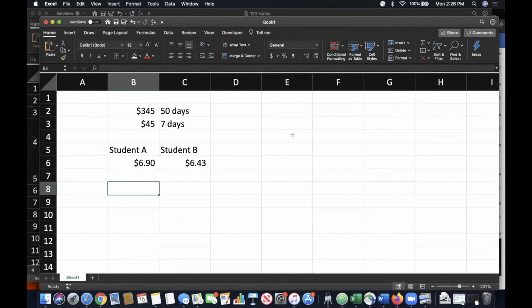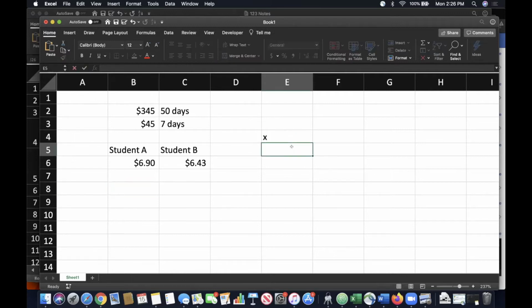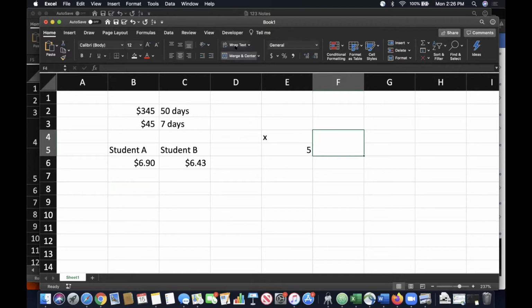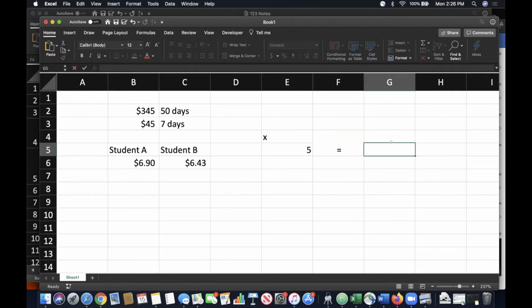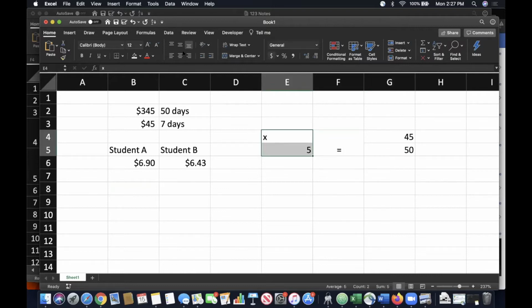The typical way of solving a proportion is that, say you have x over 5, and you're trying to figure out if that's what x would be if this was 45 out of 50. So these are both fractions.